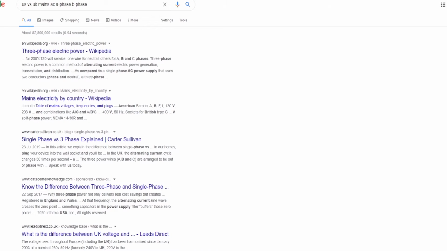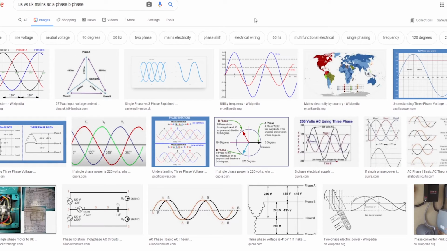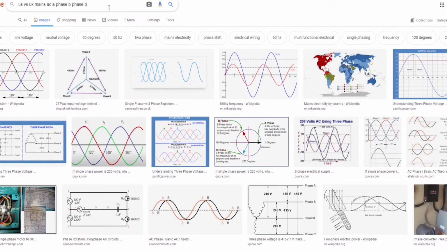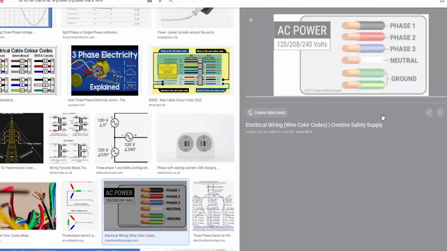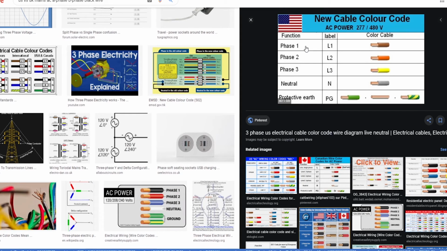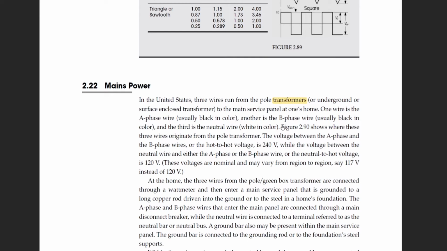Anyways, continuing on. Mains electricity by country compared: A phase, B phase, C phase. Black wire. This is kind of what makes sense to me, but it's too over my level for me to really understand what they're saying.